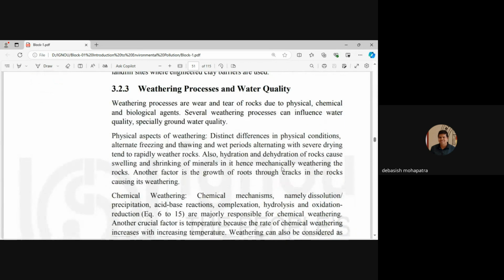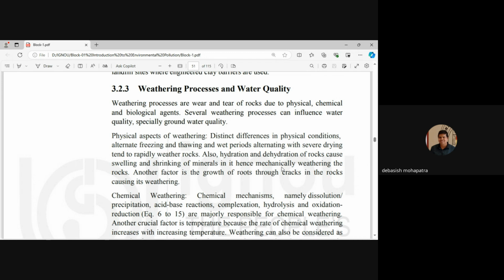Then weathering processes and water quality. Weathering processes are wear and tear of rocks due to physical, chemical and biological agents. Several weathering processes can influence water quality, specifically groundwater quality. Physical aspects of weathering: distinct differences in physical conditions, alternating freezing and thawing and wet periods, alternating with severe drying, tend to rapidly weather rocks.